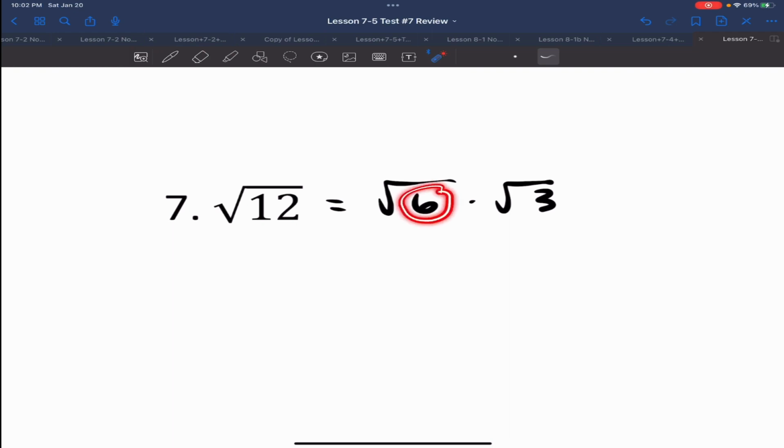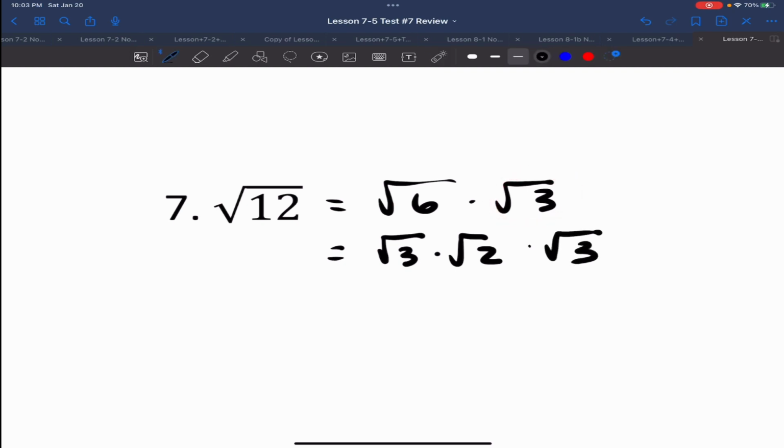No, break down that 6 into the square root of 3 times the square root of 2, because the square root of 3 times the square root of 2 is the square root of 6, okay? And look at that. I have the square root of 3. Don't forget about that. So I can multiply that with these numbers here.